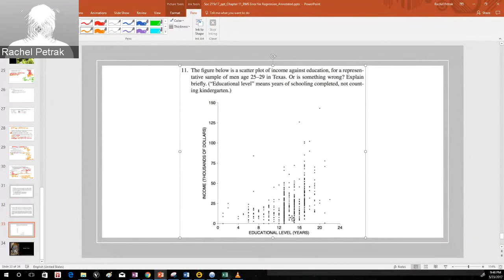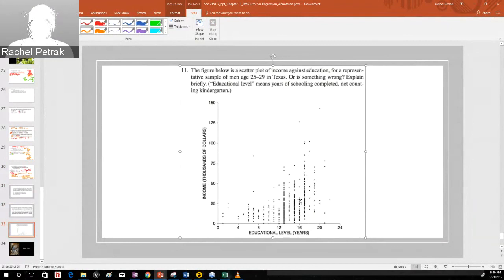But very few people with 8, 12, or 16 years of education. Notice that. Very few there, here, and 16. And of course, there's nobody with 0, although 3 people somehow have 1 year of education.